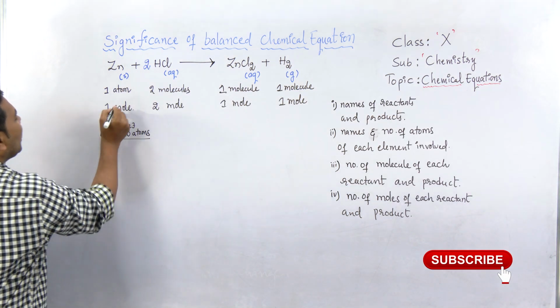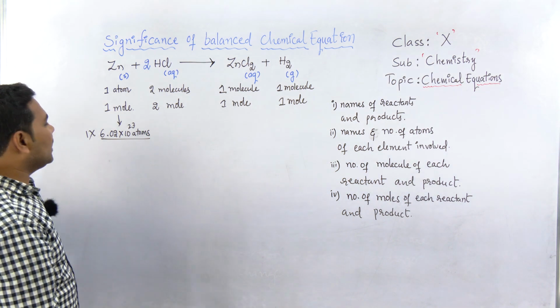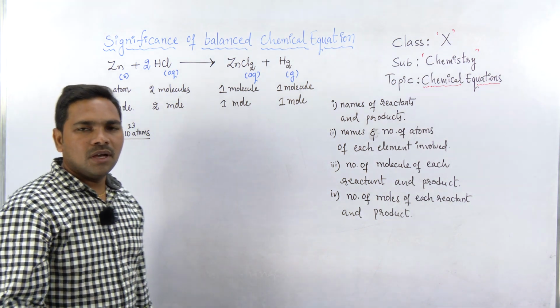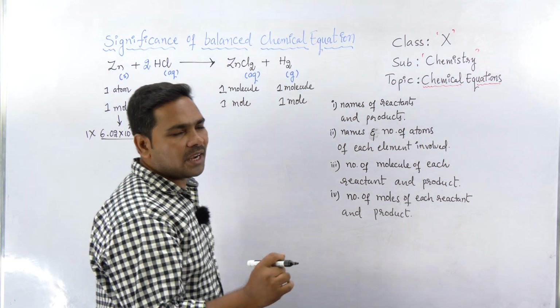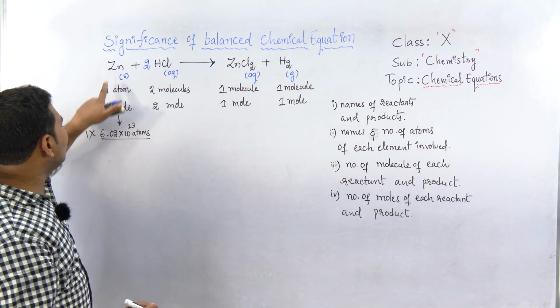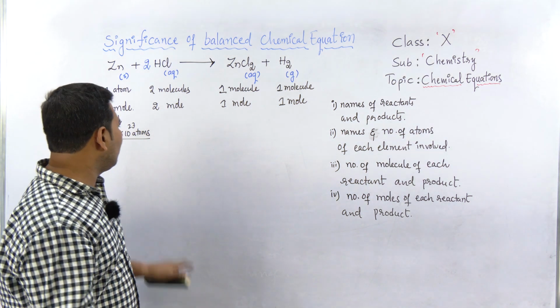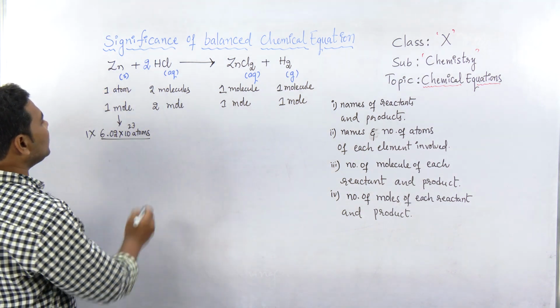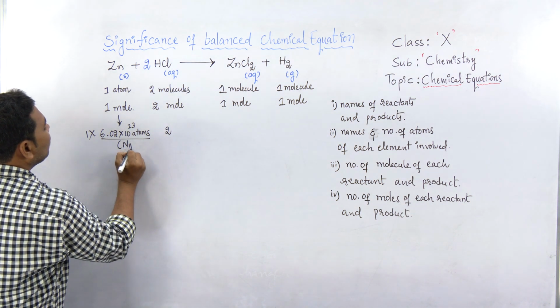Because you learnt in the mole concept, 1 mole is the amount of substance that contains Avogadro number of particles. So 1 mole zinc contains Avogadro number, 6.02 into 10 to the power 23 atoms of zinc, and here 2 moles, 2 into this number, which is called Avogadro number, Na.